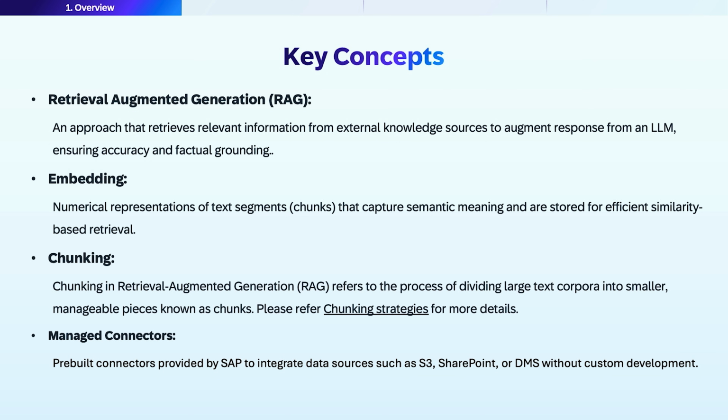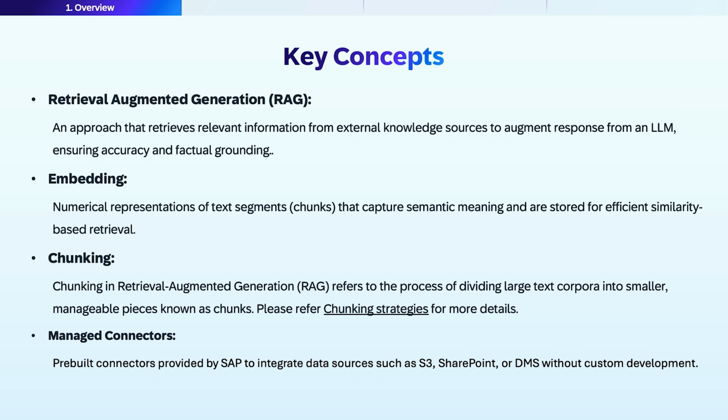To have a better understanding of the document grounding service, it would be beneficial to understand some of the concepts. Retrieval augmented generation is a process that retrieves relevant information from external knowledge sources to generate accurate responses from an LLM. Embeddings are basically the numeric representation of text and images in a high-dimensional space, and are generated by embedding models. Generating these embedding vectors preserves semantic similarity.